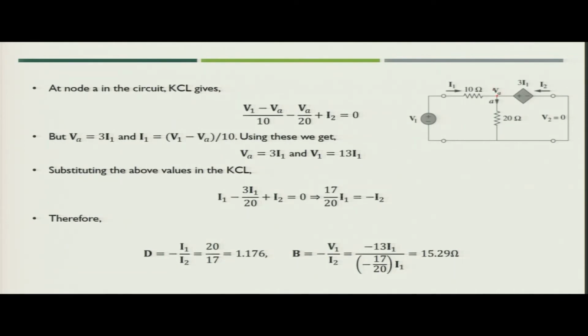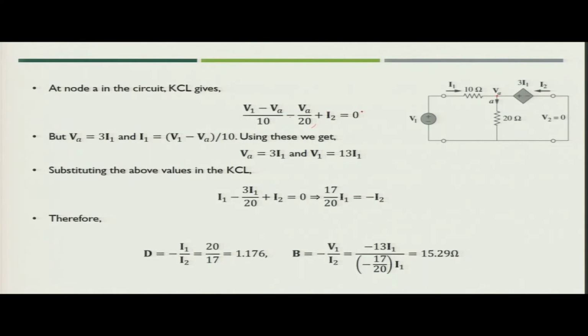Let us say the voltage at this node is VA. What can we write? We can write I1 is nothing but V1 minus VA by 10, and the current is going inside. We are taking current going inside as positive, current going outside as negative. So, the current going in the 20 ohm resistance will be minus VA by 20, plus the current I2 equal to 0.